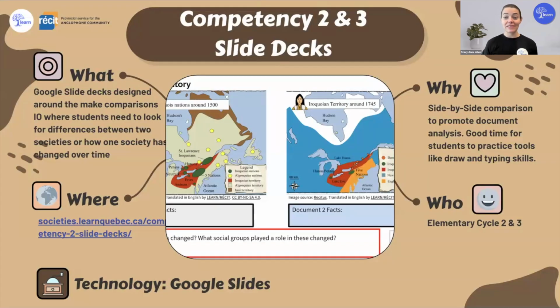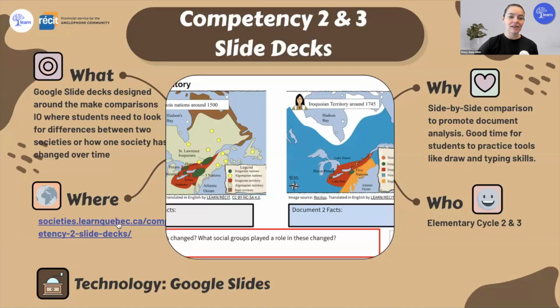These competency slide decks exist for all of the periods and the societies that are covered in the GHC program for Competency 2 and Competency 3 for elementary cycle 2 and cycle 3. I'm going to show you where these slide decks live on our Societies and Territories website.